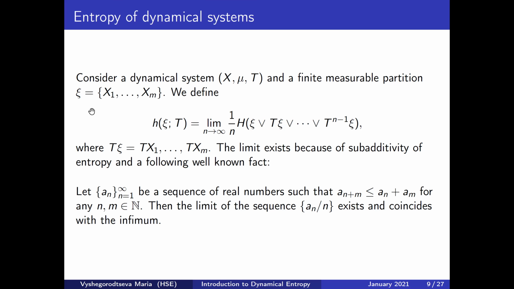So we take xi, then we take the image of xi, then the next image and next. No, we don't take infinitely many, but we have this limit, right? We take many images of xi, and then we take the average of the entropies, and we call this thing the entropy of t and xi. So how t acts on xi. At least this is how I understand it at this moment.